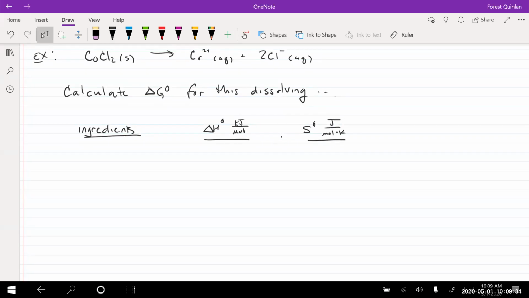The three ingredients I have for this system are the ones right up here. I have the cobalt 2 chloride, I have the cobalt ions floating around and the chloride ions floating around.